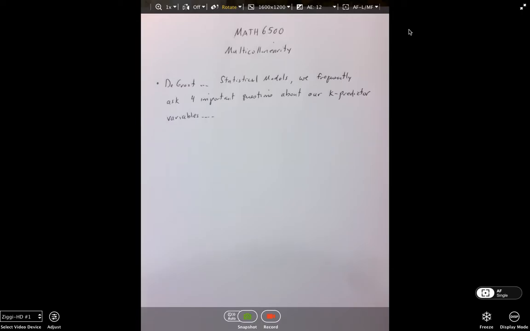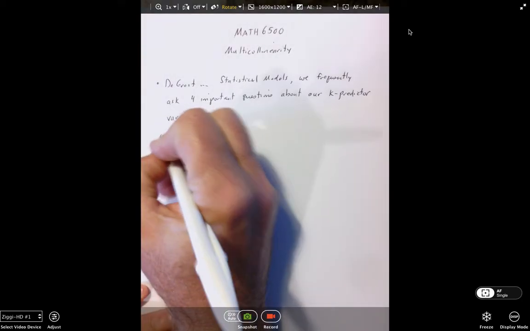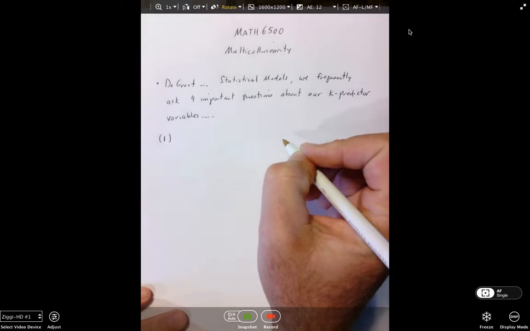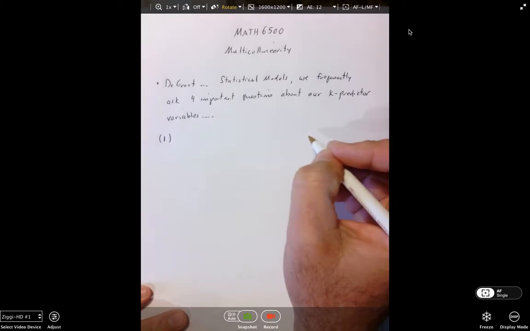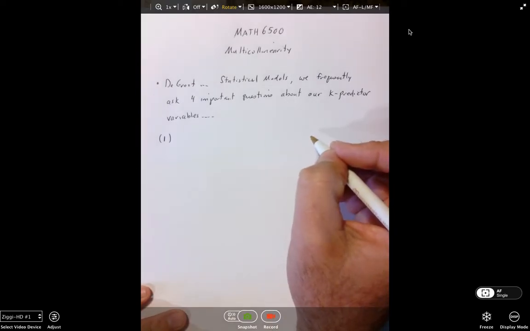Think about four things that you think, based on all of your experience with regression models, are important enough to sit back and question. Now I'm going to help you with one of them. The very first one that comes to mind for me, and the first one that DeGroot, I'm pretty sure it was DeGroot, don't hold me to that, mentions.